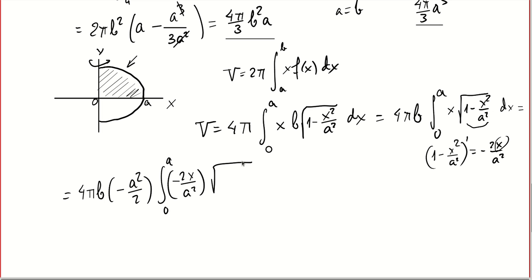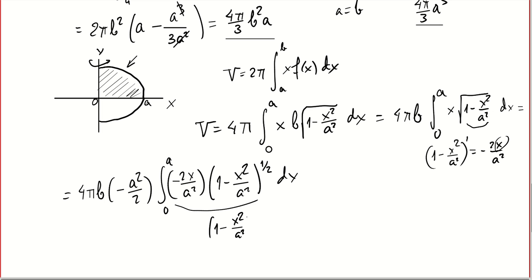Then let me just put this as a power. So what we have is a function to a certain power multiplied by the derivative of that function. Okay, this is an immediate integral. It's an immediate primitive. The primitive of this is 1 minus x squared over a squared to the 3/2 divided by 3/2, which is multiplied by 2/3.